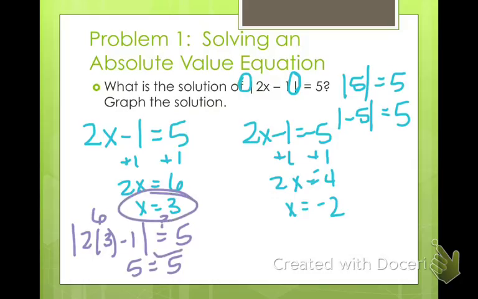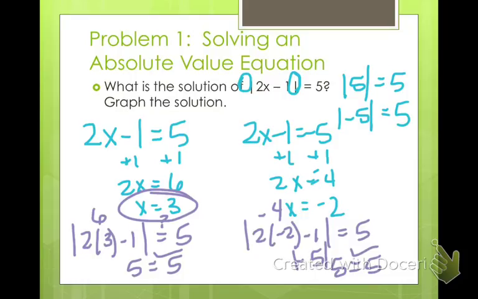Now we have to try negative 2. So the absolute value of 2 times negative 2 minus 1 equals 5. Well, 2 times negative 2 is negative 4, and negative 4 minus 1 is negative 5. Absolute value of negative 5 is positive 5. So we get 5 equals 5. So these are both solutions. So our solutions are x equals 3 and negative 2.